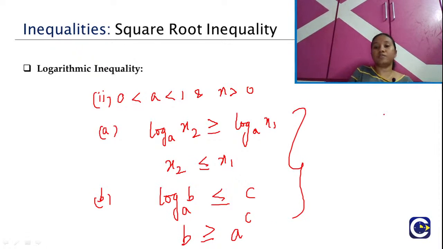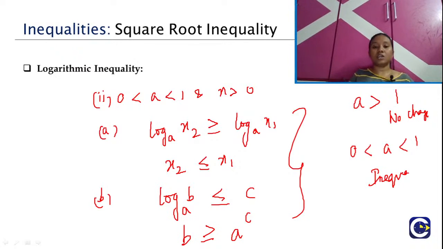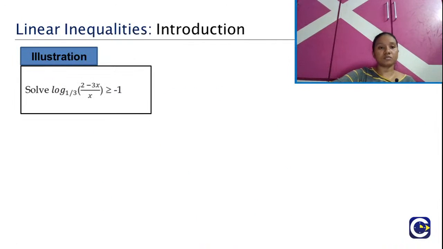The first one is a greater than 1 and the second one is a lies in between 0 and 1. Here no change of the inequality, but here the inequality will be changing, right? So let's see how we can solve logarithmic inequalities using these two cases where a is greater than 1 and a is lying in between 0 and 1. So here comes the first question.